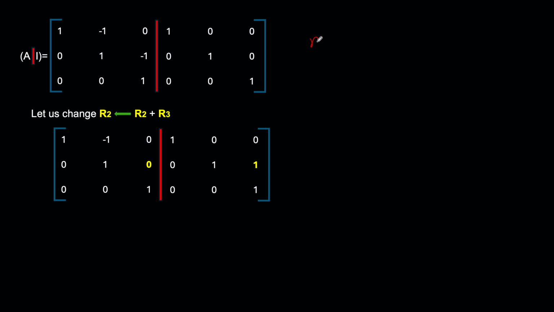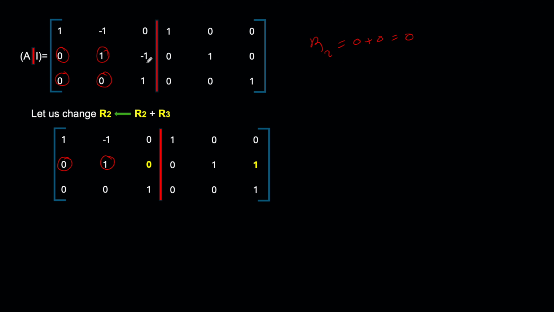So row 2 is equal to 0 plus 0, which is 0. That's why we get 0 here. Then 1 plus 0 is equal to 1.